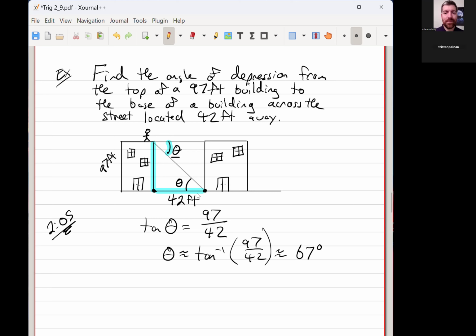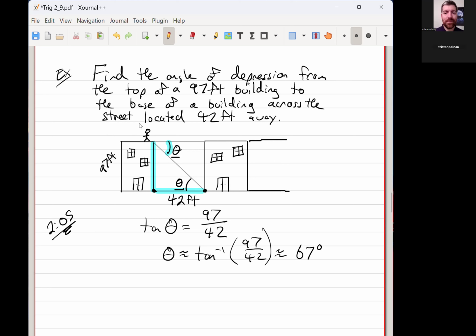And that lies outside this nice, neat right triangle that we've formed with the angle of depression down to the edge of the building across the street itself, the 42 feet, and then the height of the building, which forms a nice right triangle. That theta, though, does exist inside the right triangle, and it's here, right? And why is it there? With a little bit of geometry. See the observer horizontal, the top of the building here, and the ground are parallel to each other.